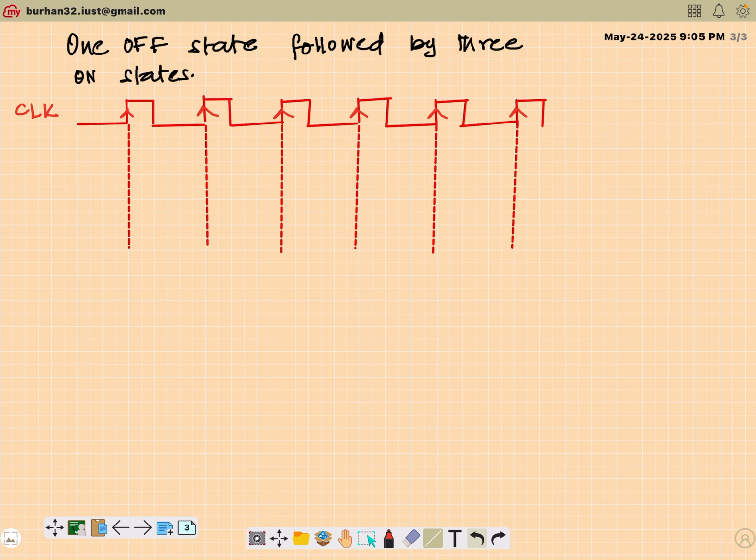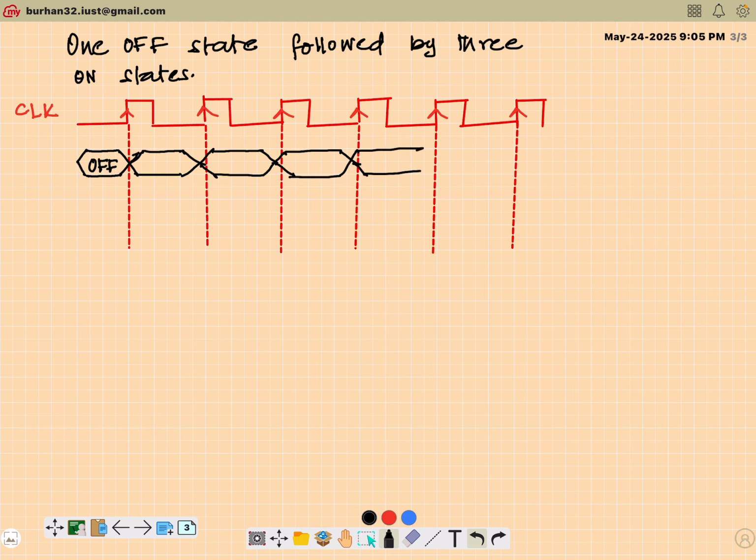Fine. Now this time round, the behavior is something like this. First clock cycle, the circuit is outputting 0. So this is off. Next clock cycle, the circuit is outputting 1, so on. The next clock cycle, again it's outputting a 1, so on.